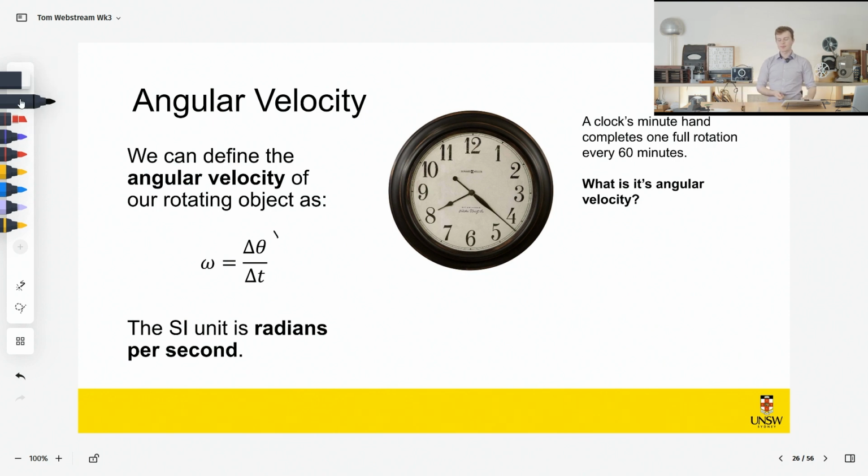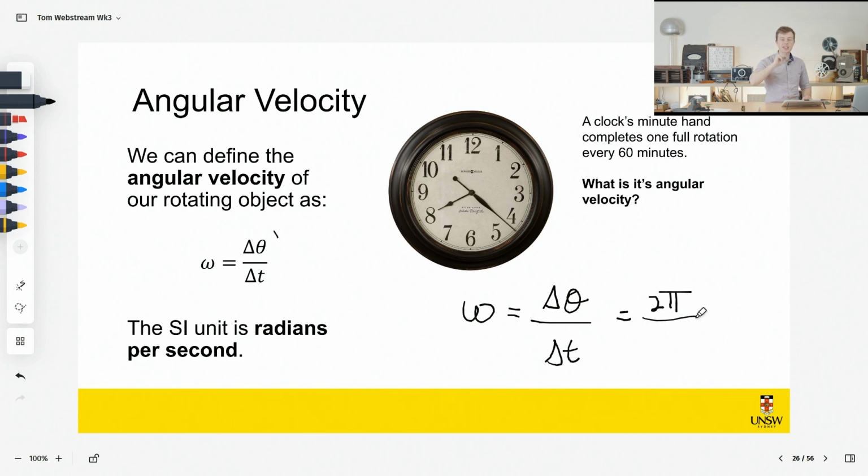For example, a clock's minute hand completes one full rotation every 60 minutes. What is its angular velocity? Well, the angular velocity, omega, or w, if you want to be cool, is equal to change in angle over change in time. Now, our change in angle for one full rotation is 2 pi radians, right? That's one full rotation.